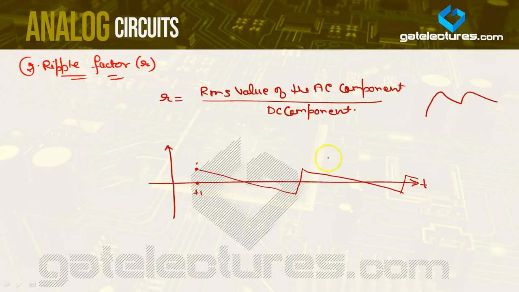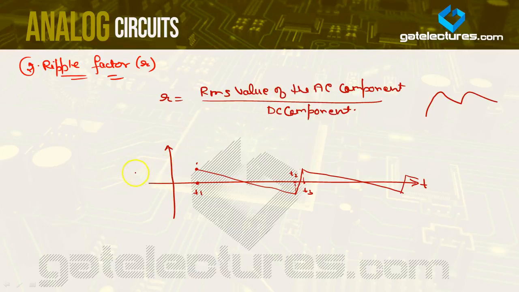In this case we have taken an axis which cuts the ripple variations into two halves. So this is T1, this was T2, and this is T3.